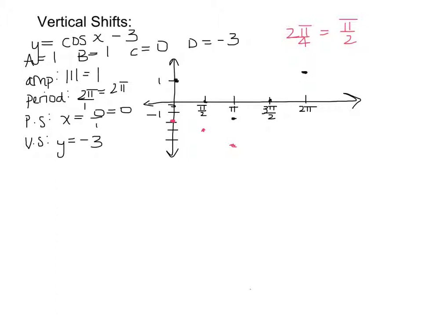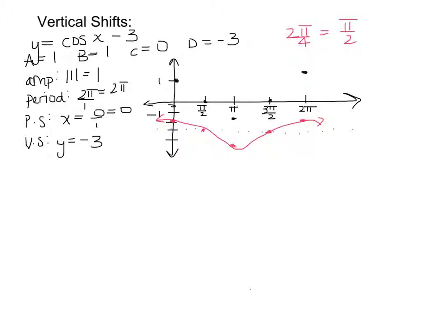And then there's your curve. So at y equals negative 3, that's your new 0. That's like your midline, so that each wave is still 1 unit high. So that's what happens when you have a vertical shift.